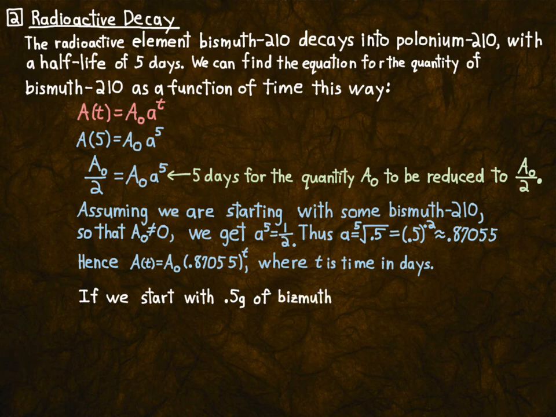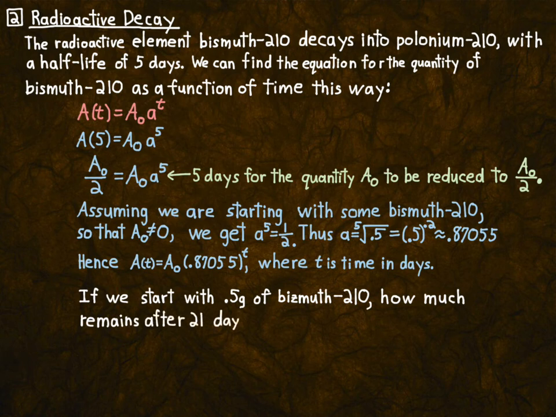So if we start with 0.5 grams of bismuth 210, how much remains after 21 days? Well, you just put the numbers in, right? Because you already figured out what the base of this exponent is, which is the rate of decay.